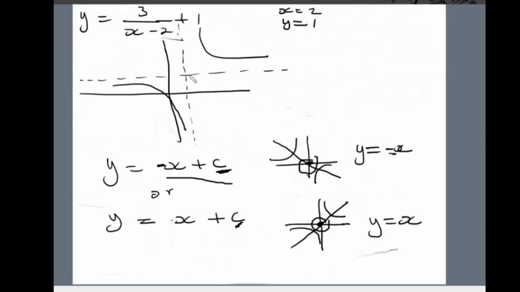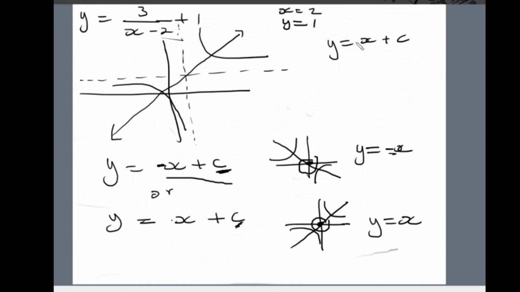So now to determine the equation of the line of symmetry, we know what it will look like, right? It will look like this, and then now we know it will be in the form y equals x plus c.